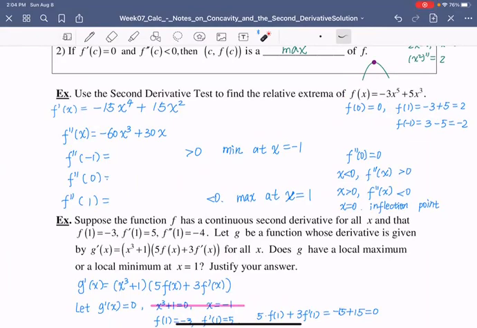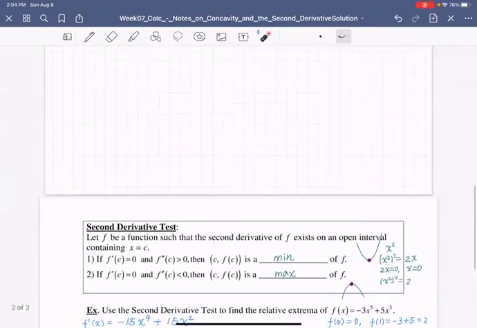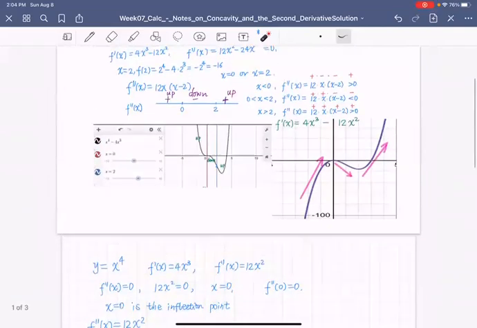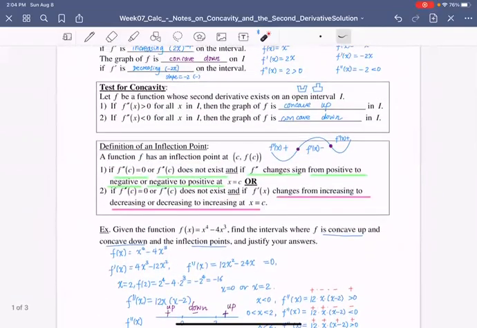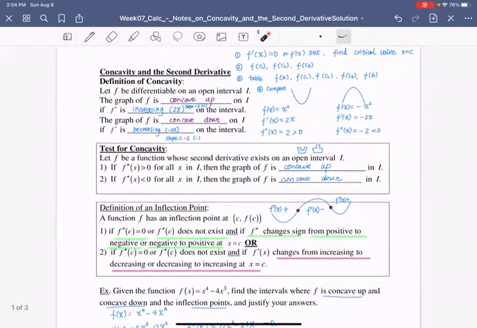No, hold on. Don't be confused between the inflection point and the critical point, okay? For the extrema, you're looking for your first derivative to be 0. And then you plug in the c value into the second derivative to tell if it's concaving up or concaving down.